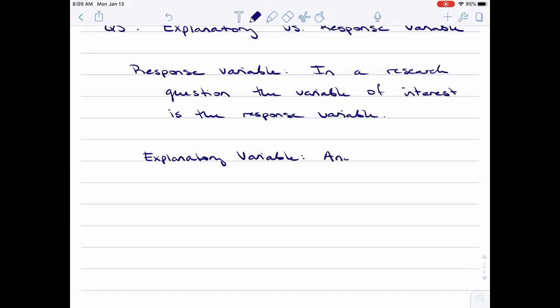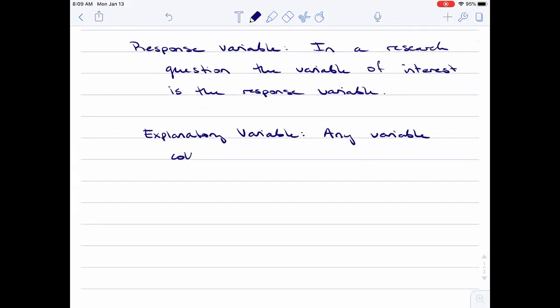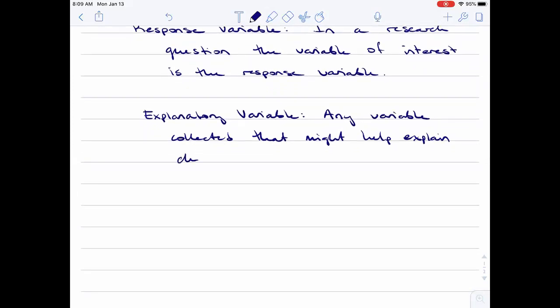So any variable collected that might help explain changes in the response variable.